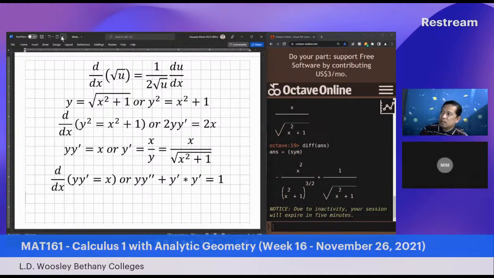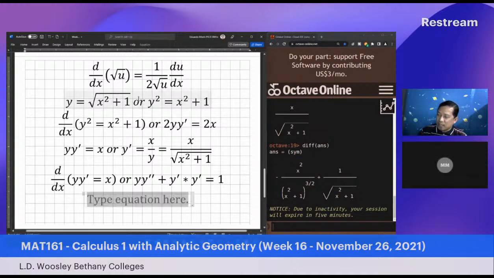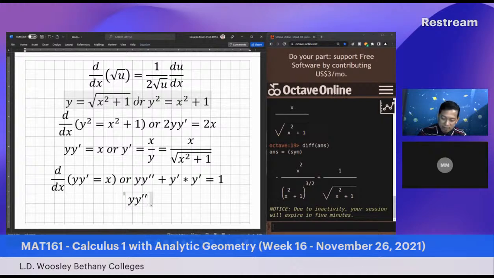Alright. So from here, we could say that y double prime plus y prime squared. Y prime squared. Kasi parang dalawang variable yung squared dyan is equal to 1. Alright?